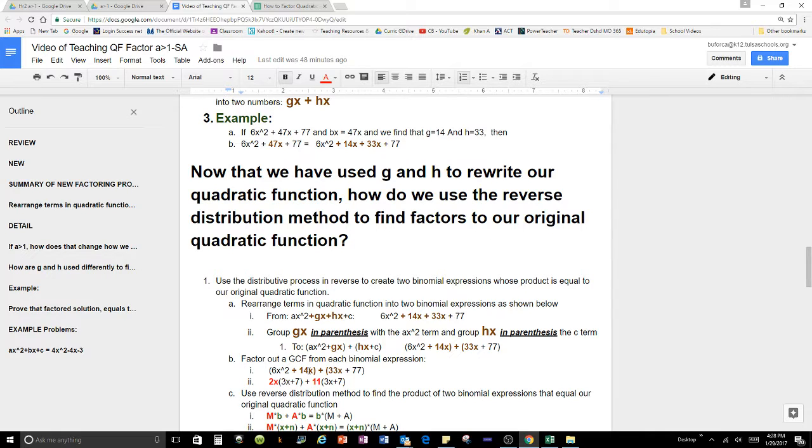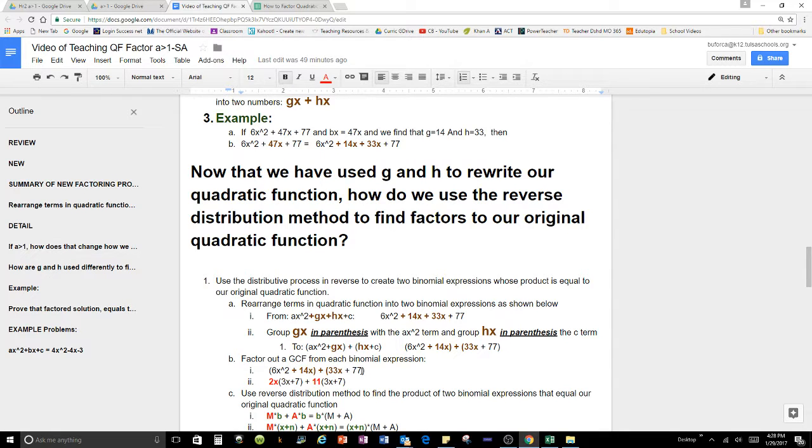In the first parentheses, we can pull a 2 and an x out of each term. If we pull 2x from the first term, that's going to leave 3x. Okay?